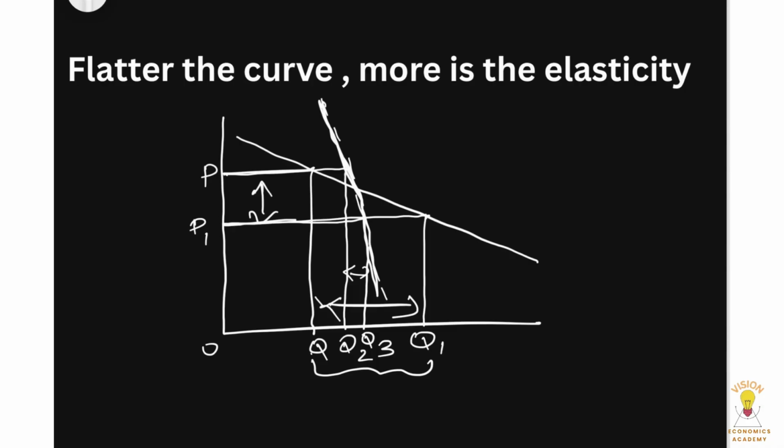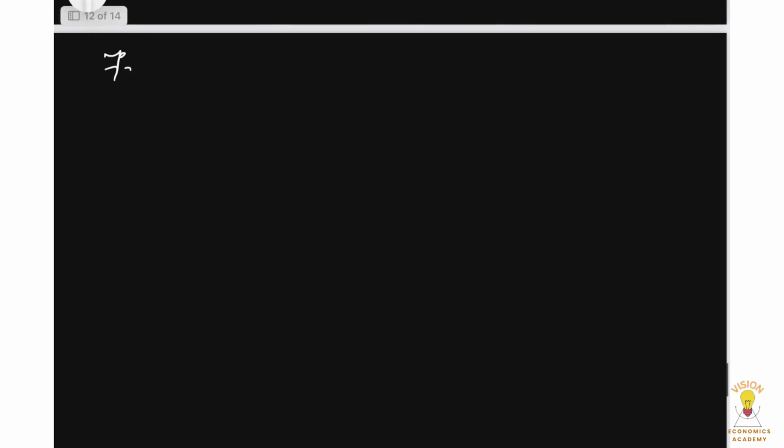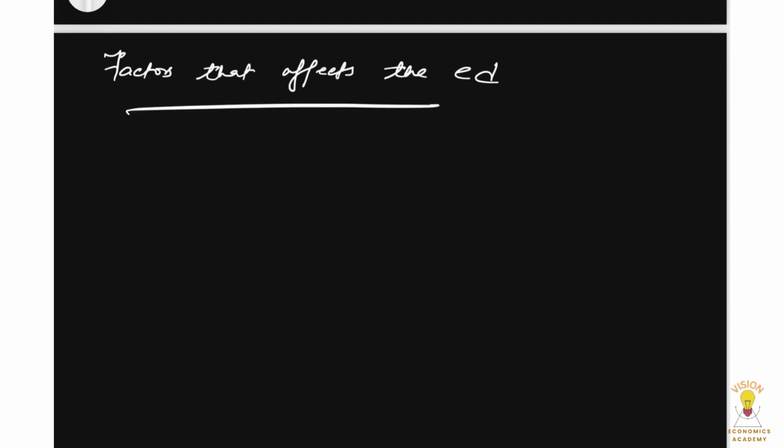Alright, so lastly, there are some factors that affect the elasticity of demand. First of all, the nature of the commodity. If the commodity is a necessary good, then obviously the elasticity will be less.